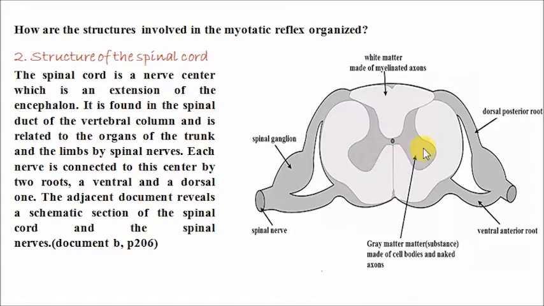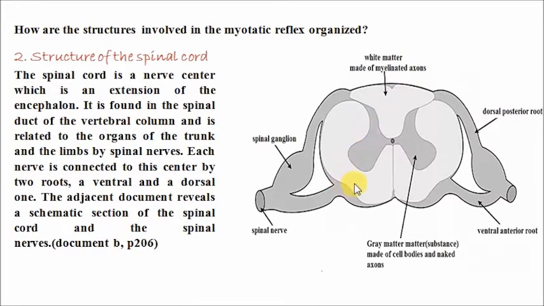This one is called the gray matter or the gray substance, which is made up of cell bodies and naked axons of the fiber. It is central, that is, the location is central in the middle. Now, at the periphery here, we have the white matter, which is made of myelinated axons.